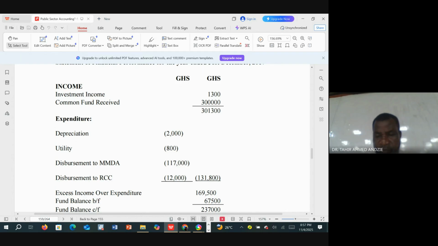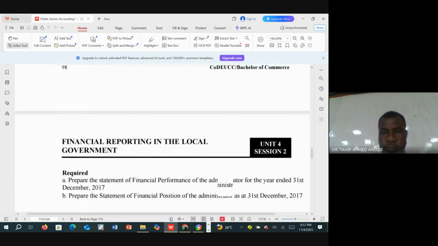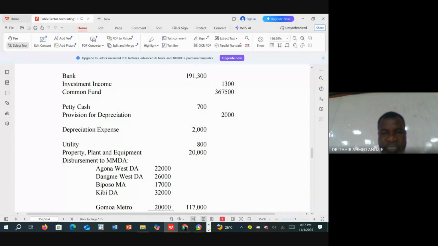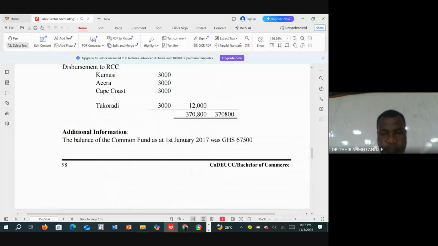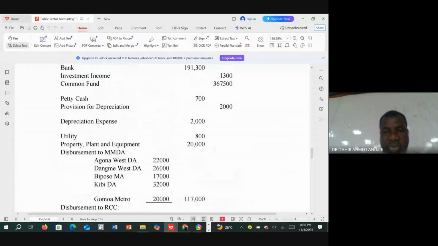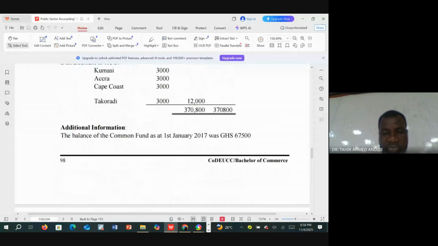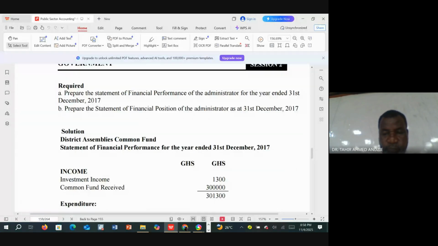Because if we have the total amount in the fund to be 367,500, and we are told that at the beginning of the year we have 65,500 in the fund, then how much did we receive into the fund, which will be the revenue or the income we got for the period? It is going to be the difference between the two, which is 300,000. So that's how we got the 300,000. Is that right? Are you getting it?